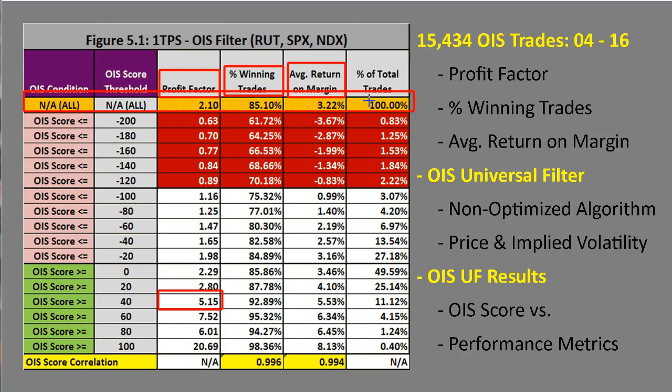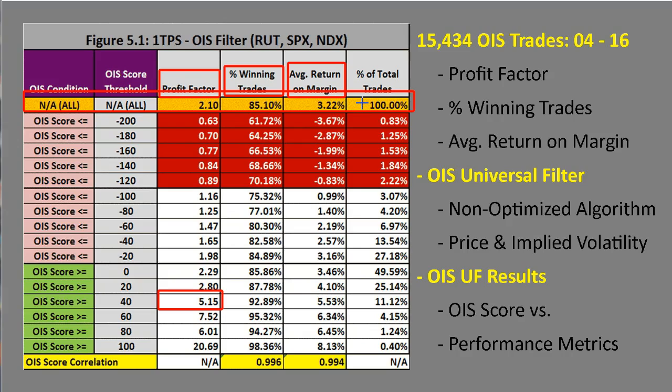In addition, 85.1% of the unfiltered trades were profitable, and finally the average return on margin over the 15,434 managed OIS trades was 3.22%. In other words, on average, that strategy was profitable even with no filtering at all. So as you can see, the unfiltered trades were profitable, which demonstrates the effectiveness of OIS trades on the equity indices.